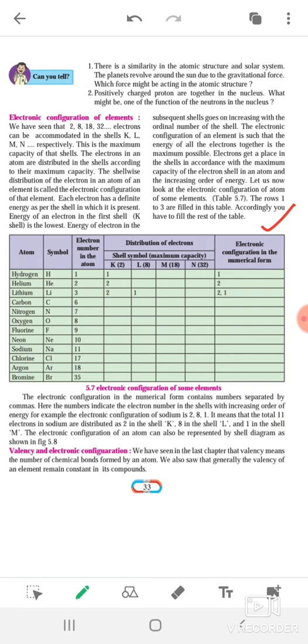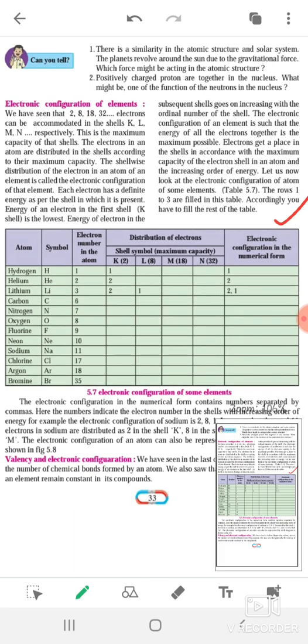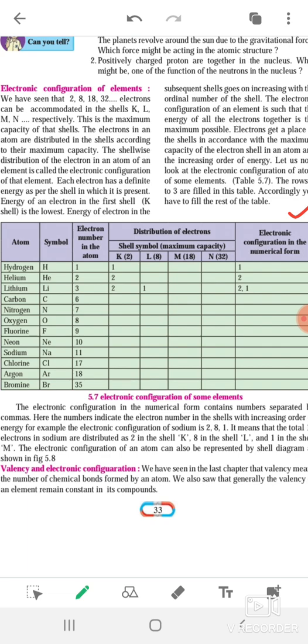So let's start. From the carbon atom we will see. See the table here. There are some columns. In the first there is given an atom and its symbol: hydrogen, symbol H, helium He, lithium, carbon, neon, oxygen, fluorine, nitrogen, sorry, it is nitrogen, it is neon Ne, sodium Na, chlorine Cl, argon and bromine.